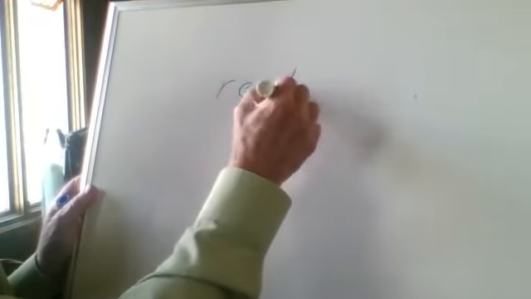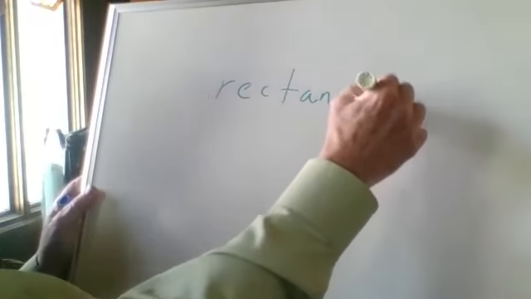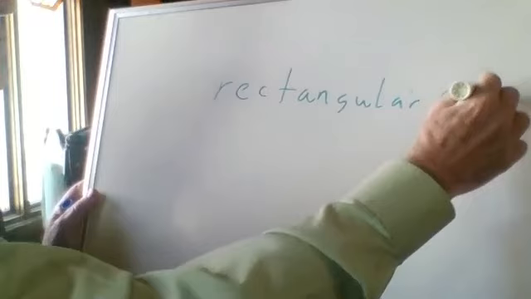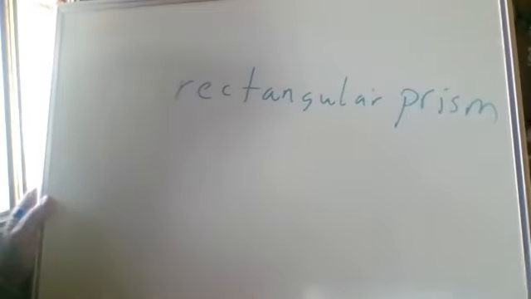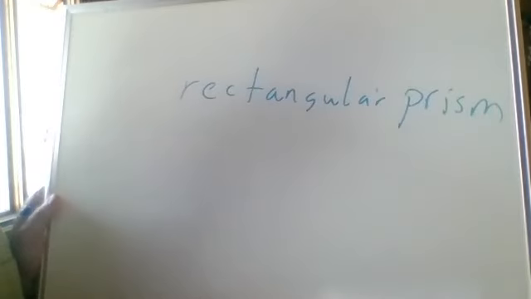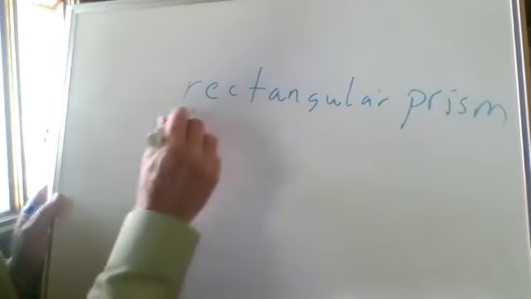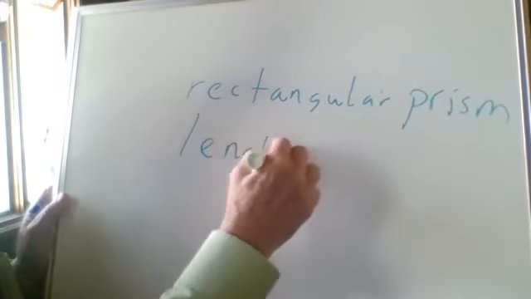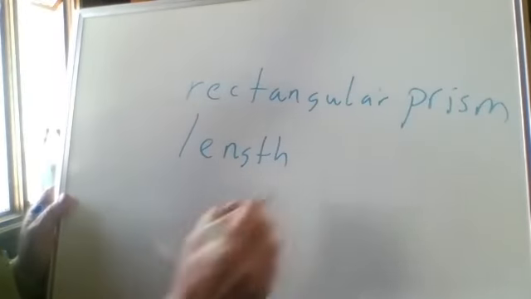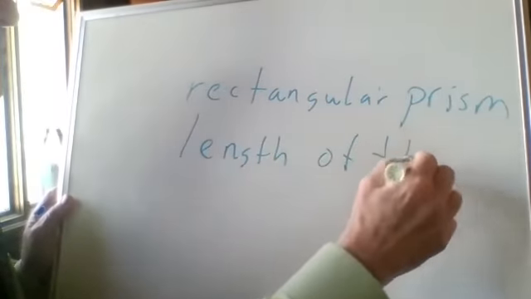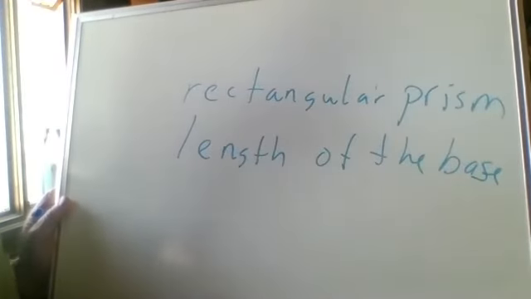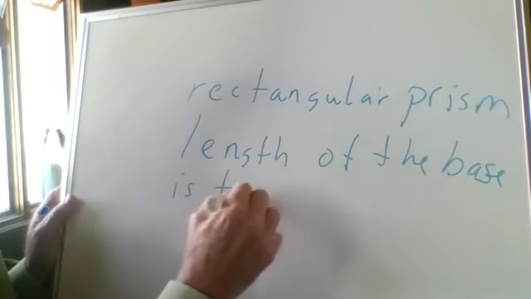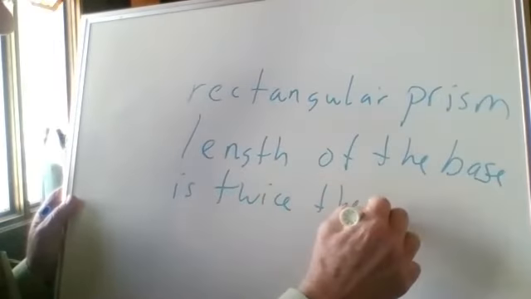All right. Next one, we have a rectangular prism. The length of the base of this rectangular prism is twice the width.